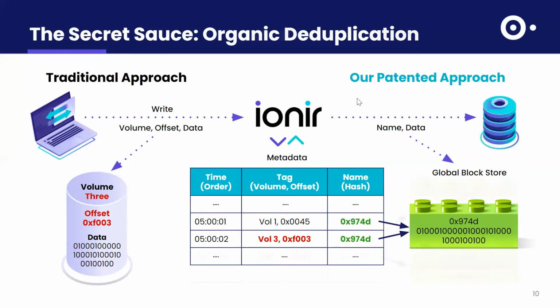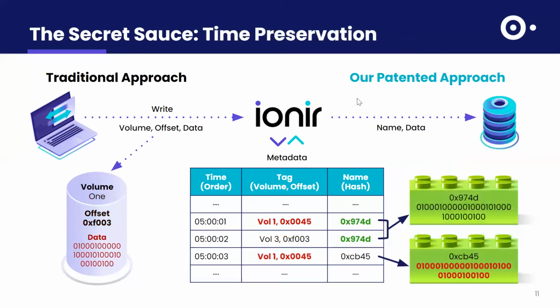Okay, let's keep going. Now, let's say at 3 seconds past 5 o'clock, the same application decides that it wants to overwrite what it believes is the data at offset 45 with a different set of ones and zeros. Okay, that's fine. But we don't want to destroy the data. We can't destroy the data that was originally written back here at 5:01 and then reiterated at 5:02.